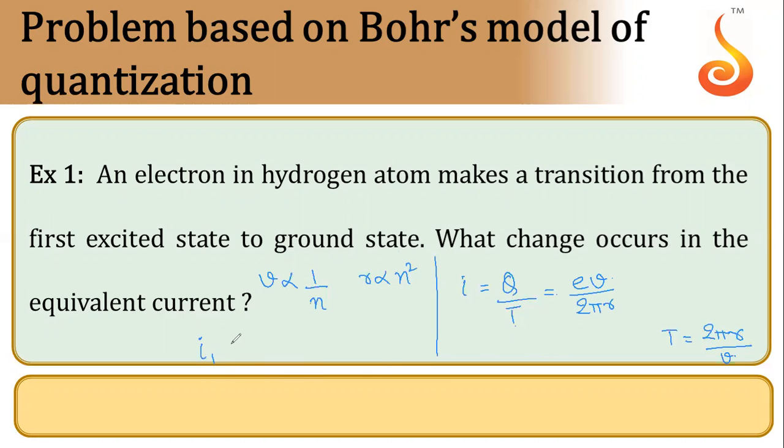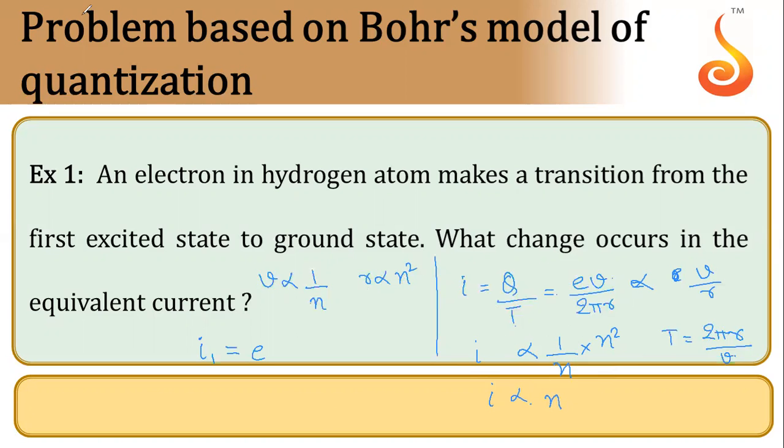Current will be e into velocity by r, so we can say current will be directly proportional to velocity by r. Velocity is directly proportional to 1 by n, and radius is directly proportional to n square.